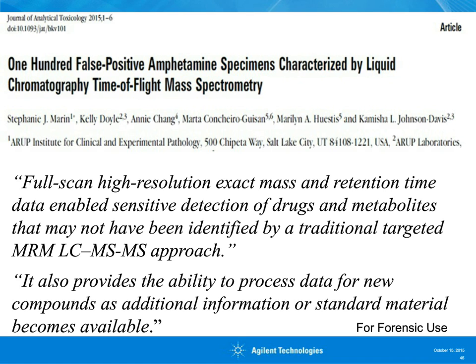And as a result of the study, a couple of additional conclusions that they came up with alongside their characterization of these false positive results were, number one, that full-scan, high-resolution, exact mass and retention time data enables sensitive detection of drugs and metabolites that may not have been identified by a traditional targeted MRM LC-MS approach.